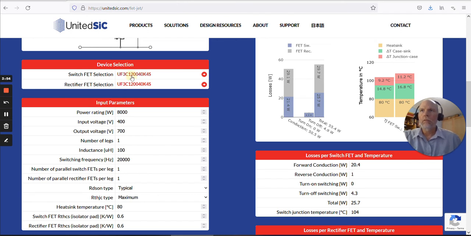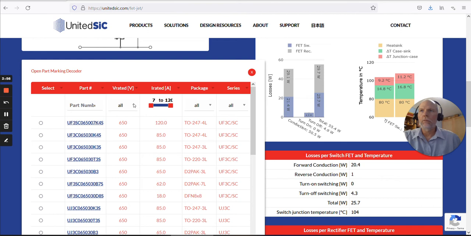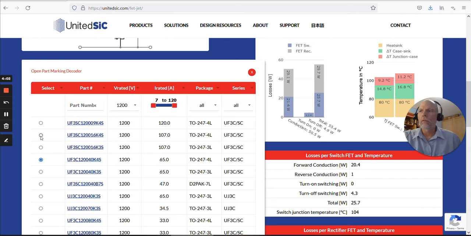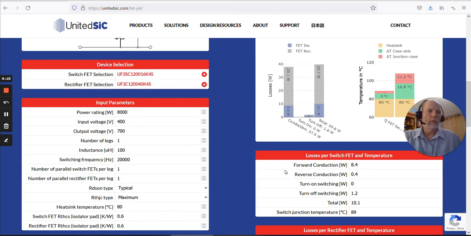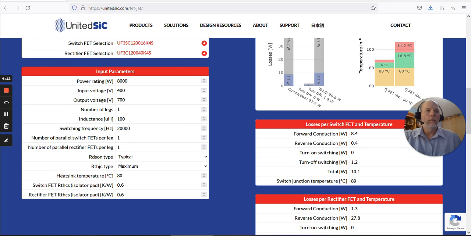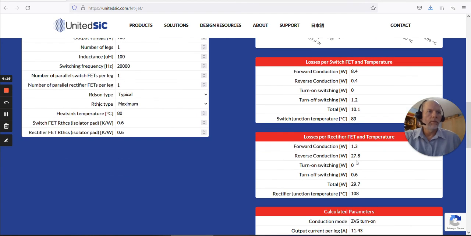Let's take a look at that real quick before we do anything else. We'll take a look at a larger FET. Let's just look at the next bigger one, and then we can see the immediate results. Our conduction loss drops significantly, and our switching loss is very, very small.